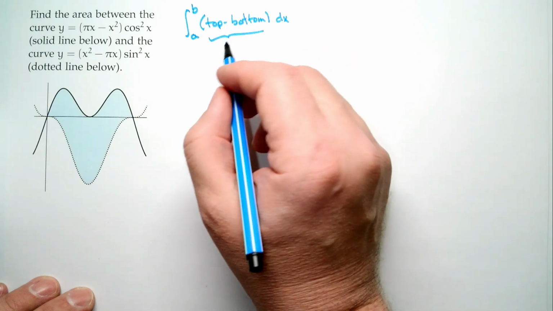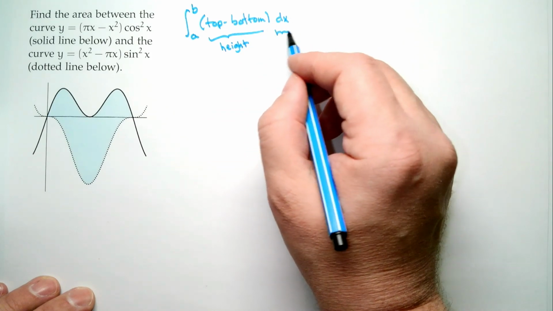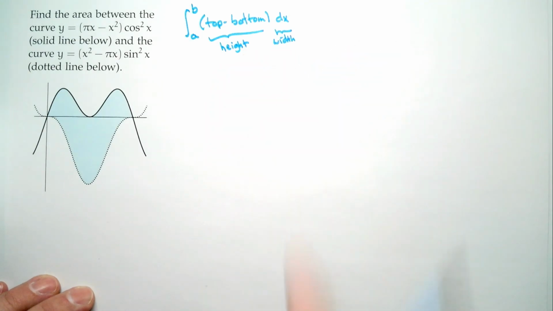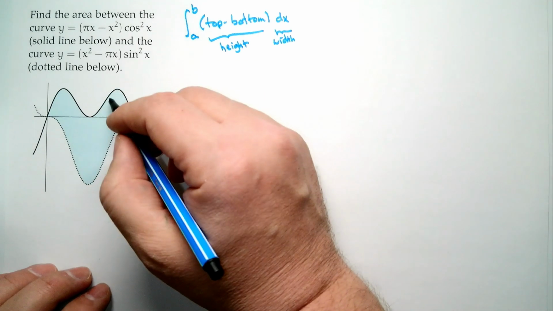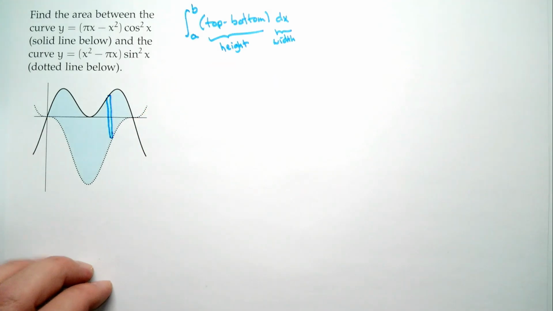The top minus bottom is really a secret way of saying the height, and the dx is just the width. Height times width is the area of a small piece, where my pieces are these little tiny thin rectangles. Then I'm going to add them all up, and that will find me the total area. Okay, so that's what we're after.